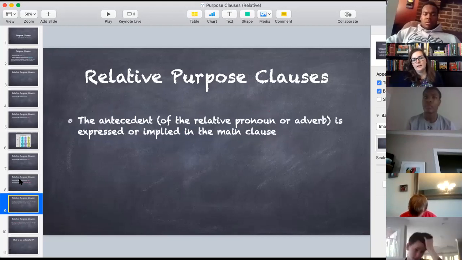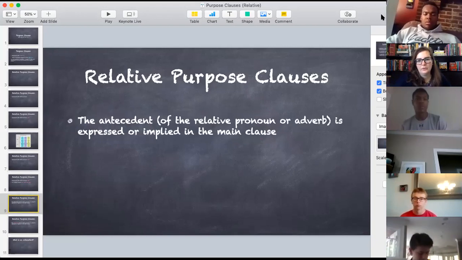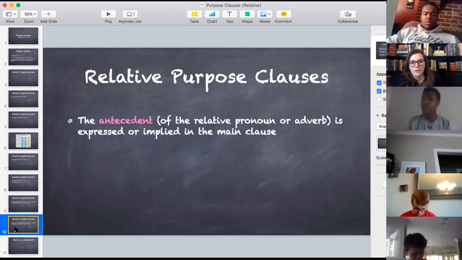All right. The antecedent of the relative pronoun or adverb is expressed or implied in the main clause. Quick grammar review. What is an antecedent? What the clause is about.